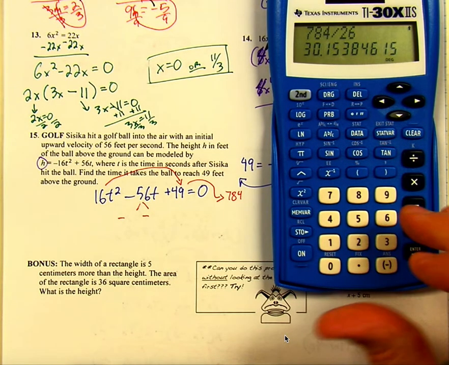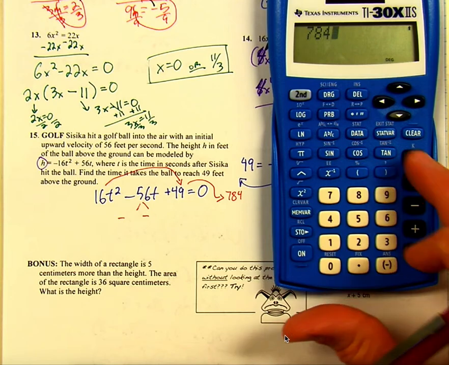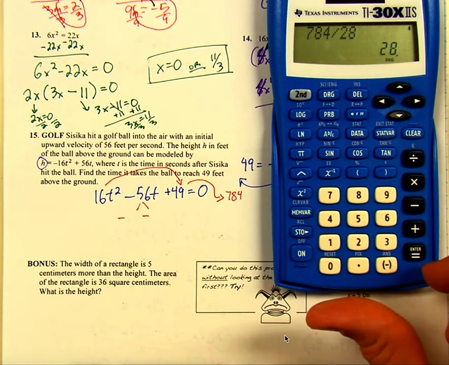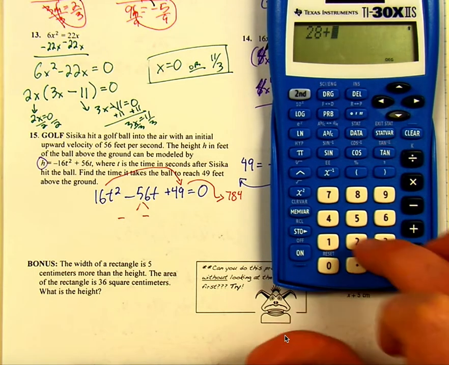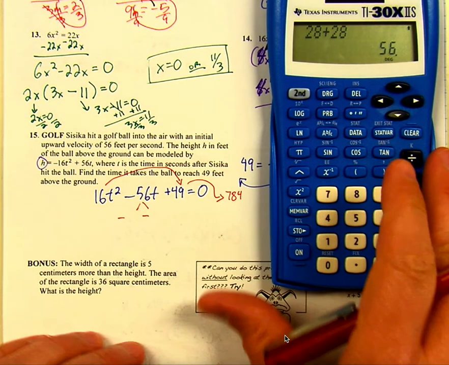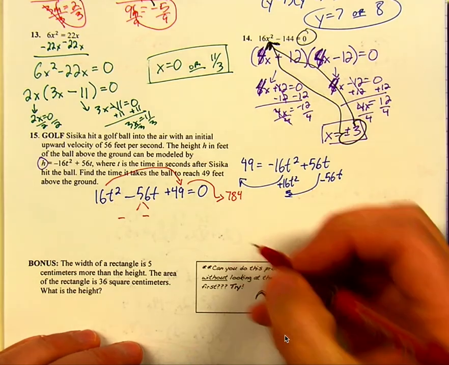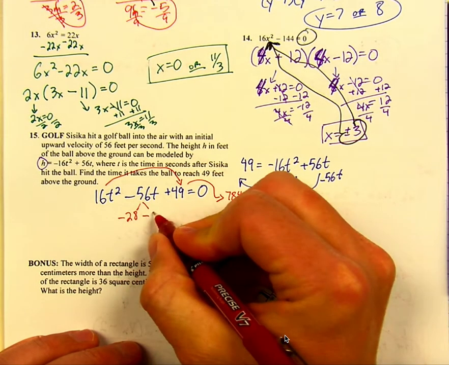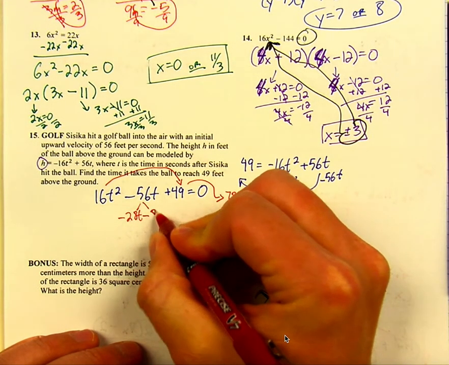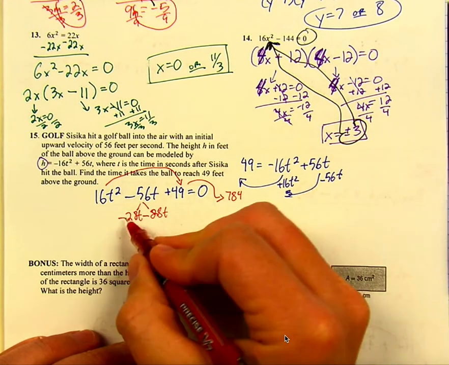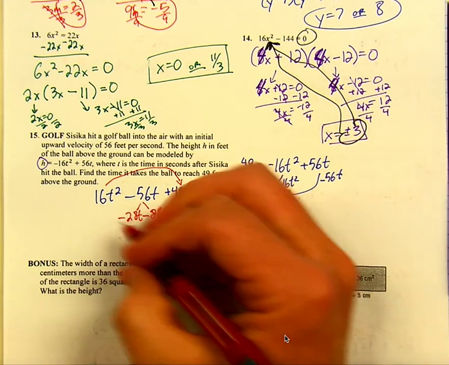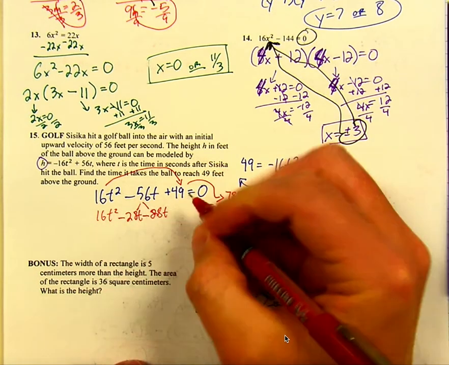How about 784 divided by 28? 28 and 28, wait, what's 28 plus 28? I did it, I found it. It's 28 and 28. 28 times 28 multiplies to make 784, and that adds up to 56. Whew, good times.